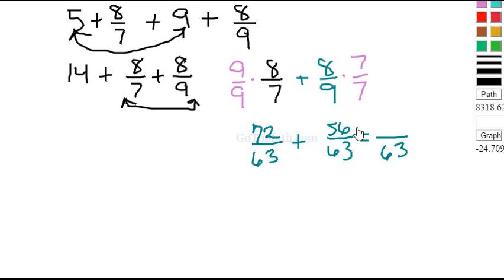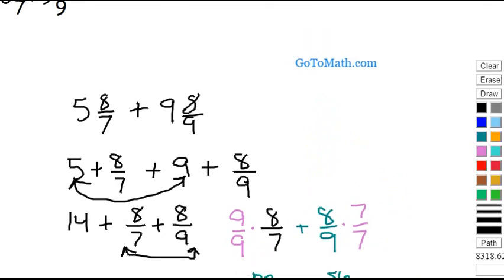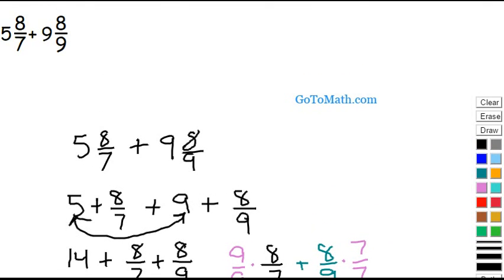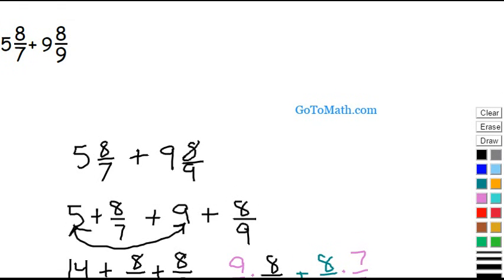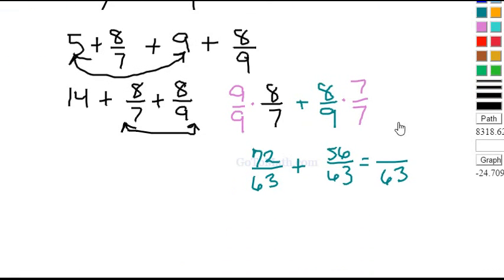And so we have 72 plus 56. Does anybody know off the top of your head? I don't really want to think too much today. 128. 72 plus 56 is 128. So there's an improper fraction.